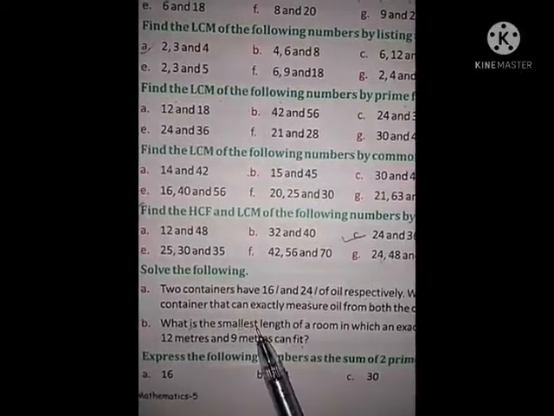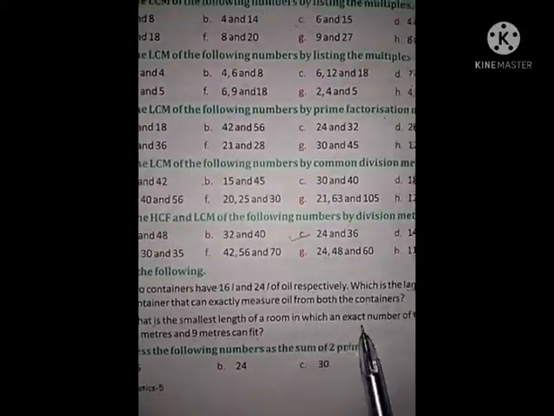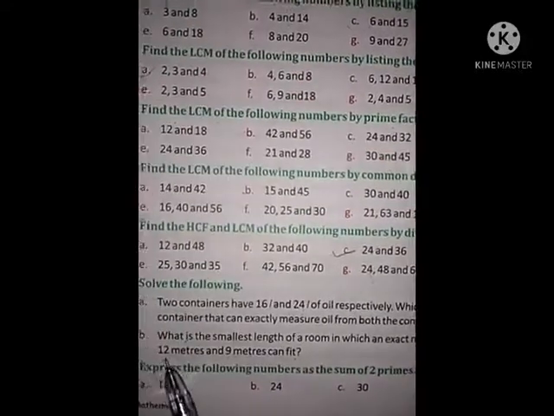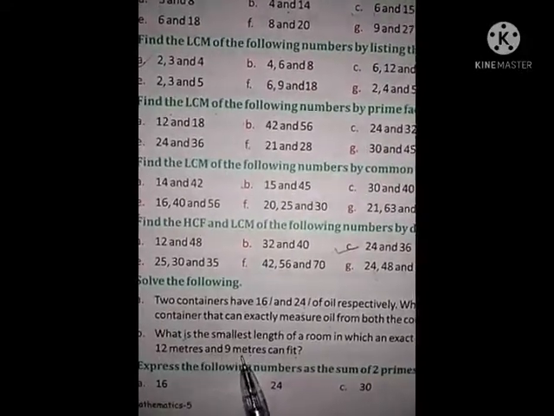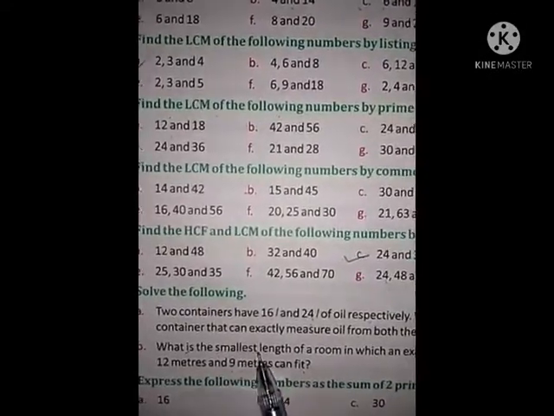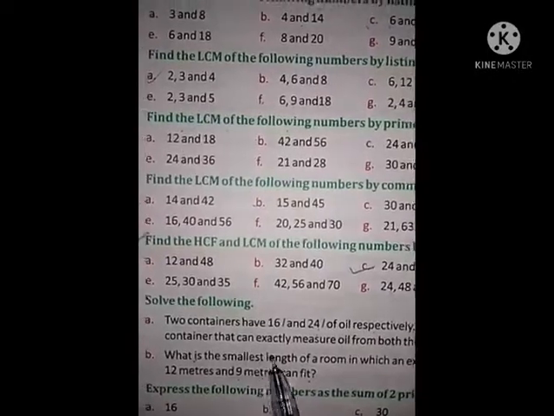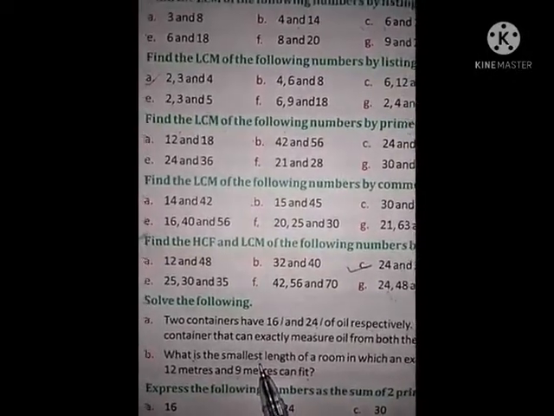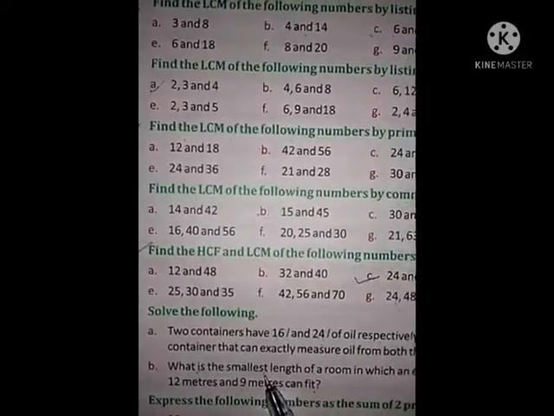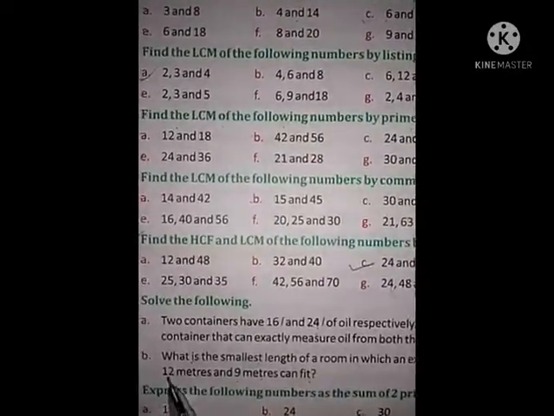Smallest means lowest length of a room in which an exact number of tables of these given lengths can fit. So see, this word smallest means lowest. So we have to find the lowest common multiple, okay? Then we will get the smallest length of a room that can fit these given lengths of tables.